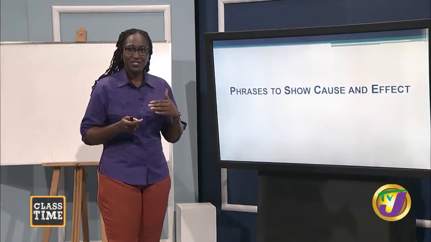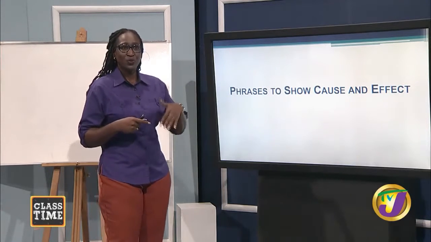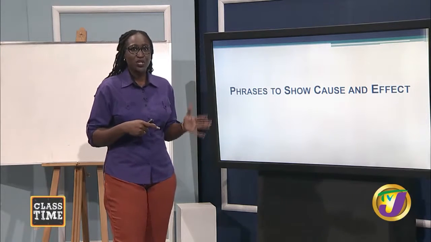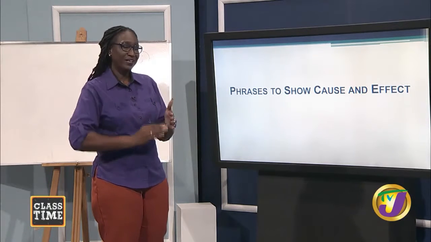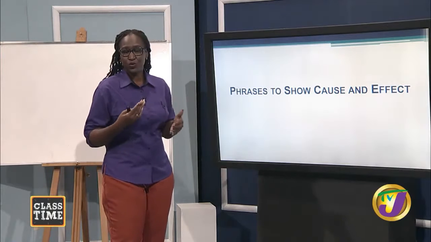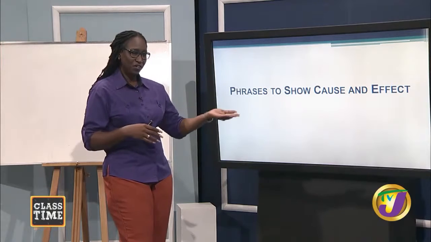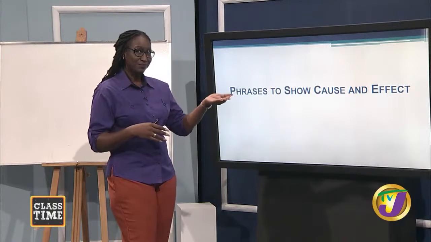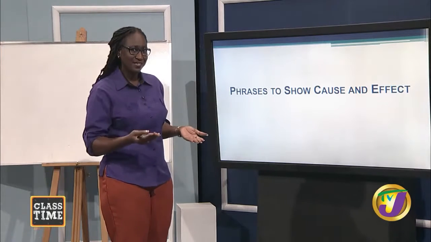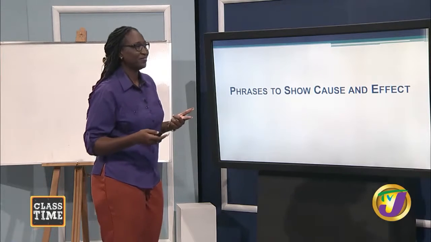Now we want to look at phrases that show cause and effect. Now think about it. You have a cause, which you're going to talk about, or you have talked about. Now you want to transition or link it to the effect. What are some typical ways that you would do this? What are some words you would normally use in order to show one thing happened, and as a result of that one thing happening, something else happens? You have a few ideas in mind? Sure you do.